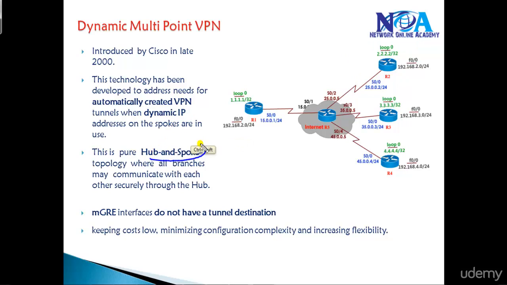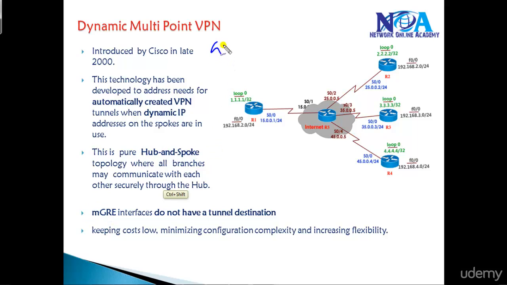Now it's a technology which is more similar to frame relay kind of implementations, which allows you to have multi-point VPNs. From router 1, we can have multiple connections to different spokes. So it's more like frame relay hub and spoke terminology, where the GRE tunnels are built based on multi-point GRE instead of using normal GRE tunnels.